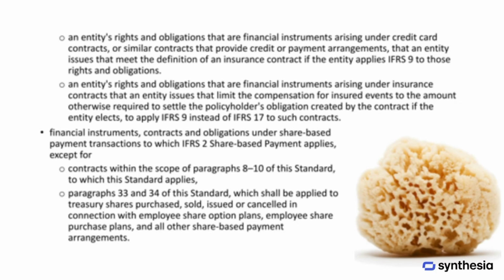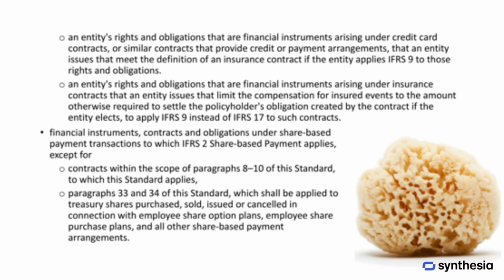This standard also applies to an entity's rights and obligations that are financial instruments arising from credit card contracts or similar arrangements, provided the entity accounts for them as financial instruments. It similarly covers financial instruments under insurance contracts that limit compensation to the amount needed to settle the policyholder's obligation, if the entity chooses to apply the financial instrument rules rather than the insurance standard.